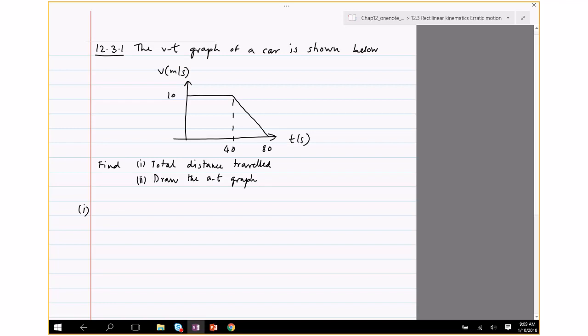So we know that v is ds/dt. So ds from s1 to s2 is the integral of v dt, where time goes from t1 to t2.